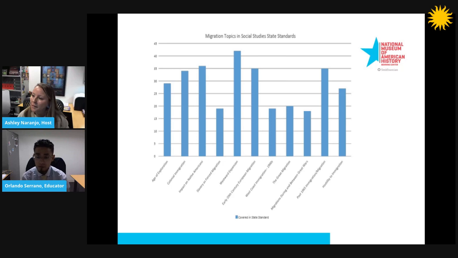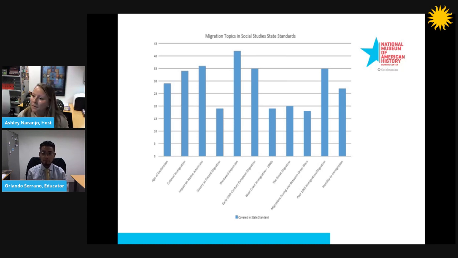We often don't also think about migration during the Great War. So the great amount of movement that happened internally between World War I and World War II, and related to that, the Great Migration, right? So the movement of Black communities from the South across to the West, up to the North, and into the Midwest as well.